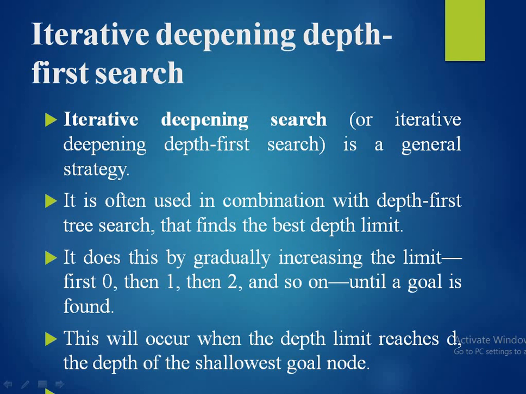It does this by gradually increasing the limit, that is, first 0, then 1, then 2, and so on, until the goal is found. This will occur when the depth limit reaches d. So what is d here? d is nothing but the depth of the shallowest goal node.